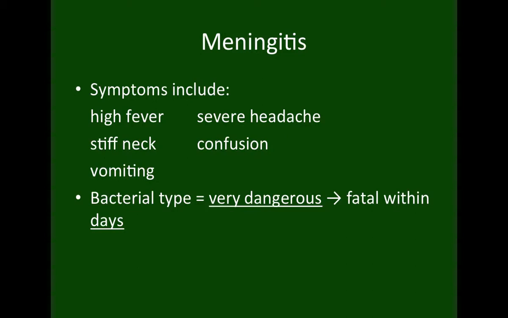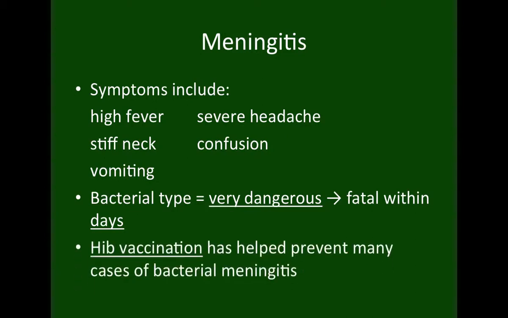Fortunately, there are a couple of things that we can do. Number one, most of you should have had a Hib vaccination. It's actually a series of 4 shots. Hib stands for Haemophilus influenzae type B. It's a type of flu, and we're vaccinated against that. It prevents us from getting that flu as a young child.